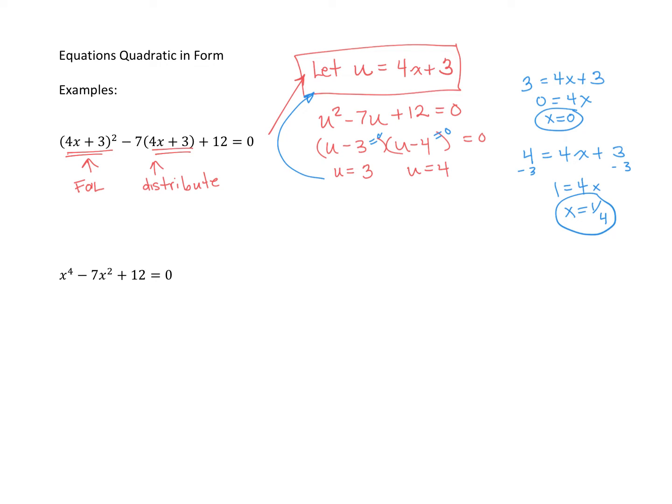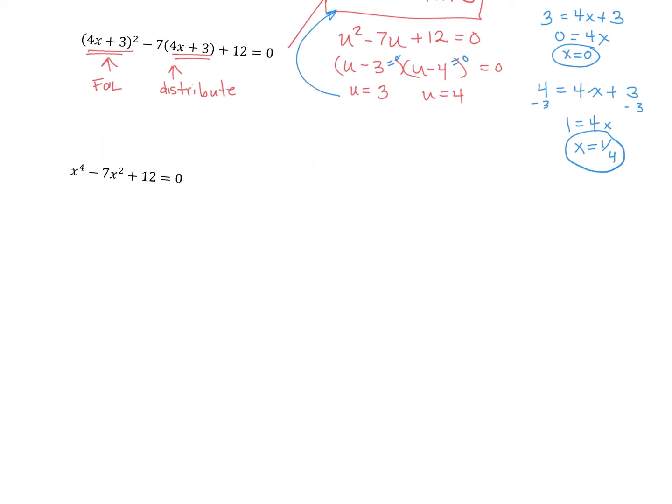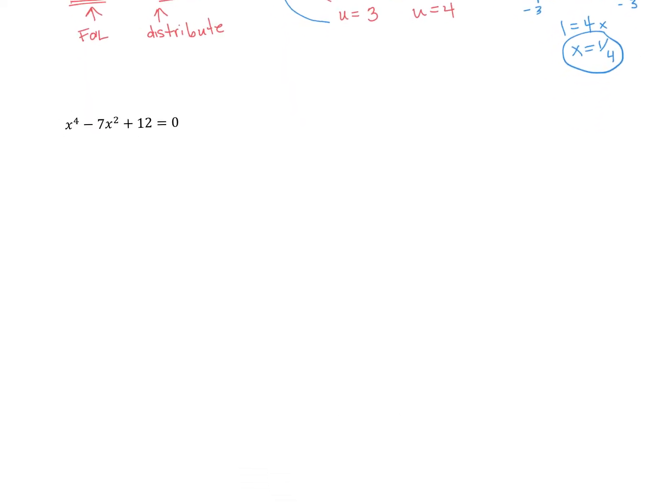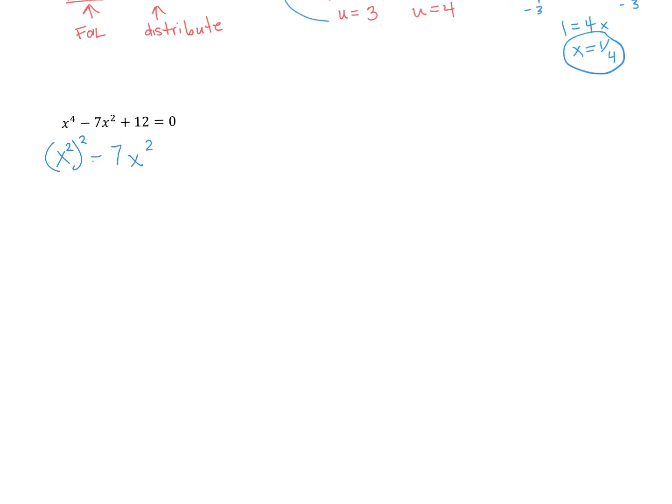They can look a little more complicated. Let's take a look at x to the 4th minus 7x squared plus 12. I'm going to rewrite this: I notice that this is x squared squared minus 7x squared plus 12 equals 0.